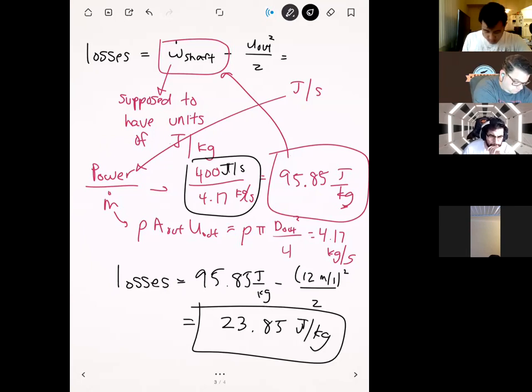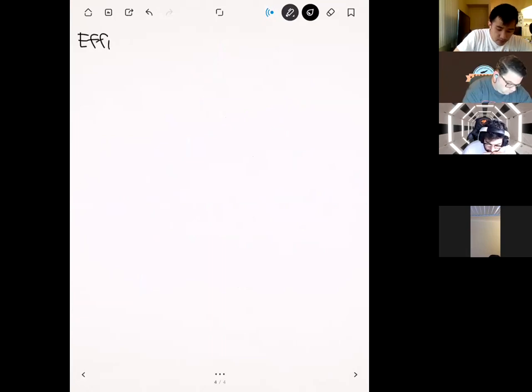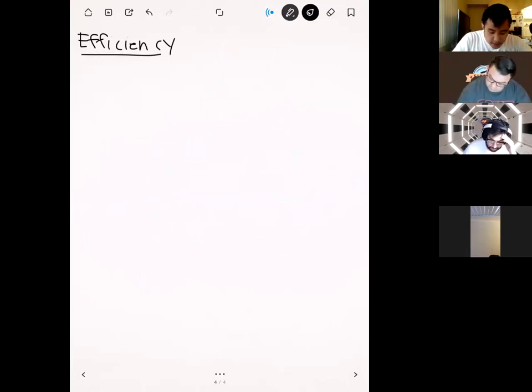Now let's solve for the efficiency. Efficiency is a very broad term that's used way too much. But basically, the way that we define efficiency in this case is the percentage of input power that actually goes into performing useful work.